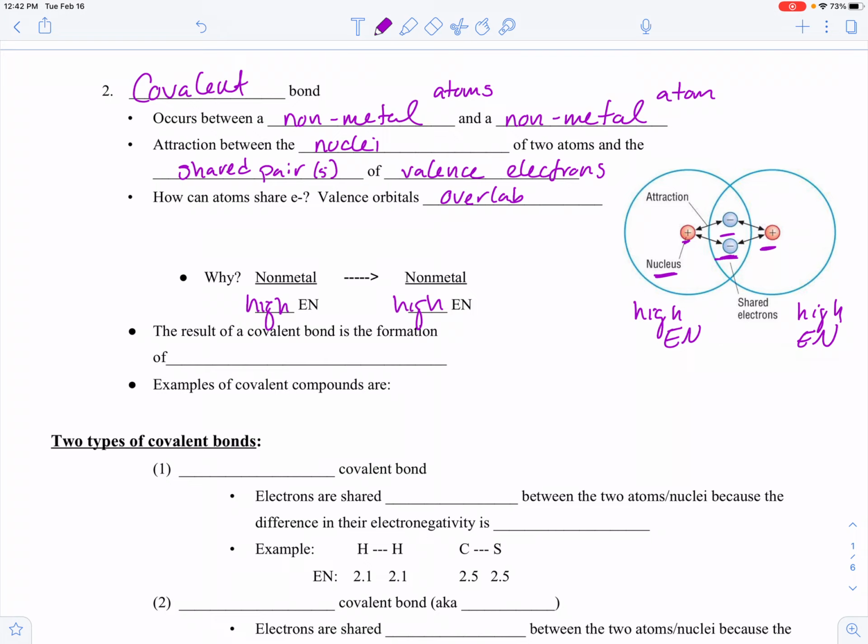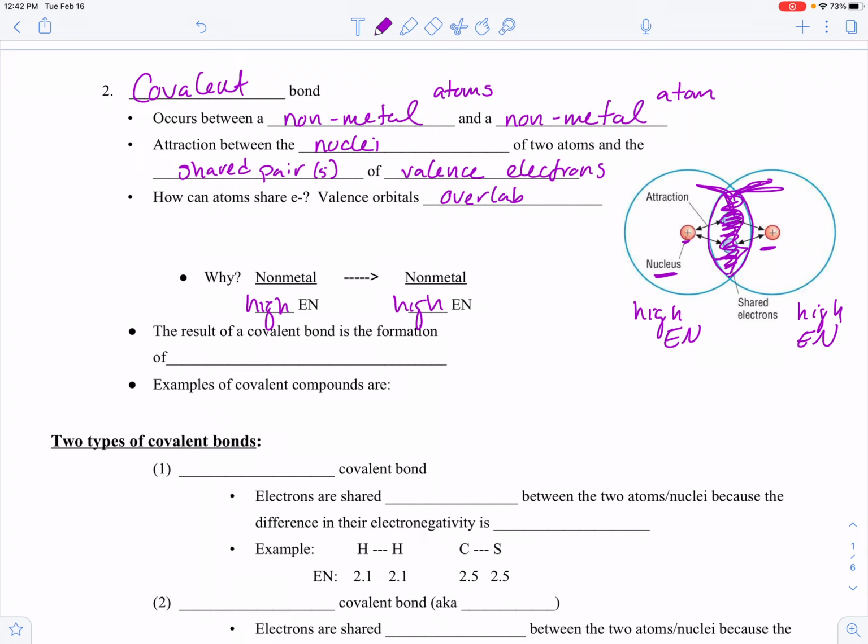So what ends up happening is that these orbitals are forced to overlap. So these electrons exist also in this orbital as well as this orbital, and they're forced to sort of stay in this region of space that is forcing these two atoms to be near one another.